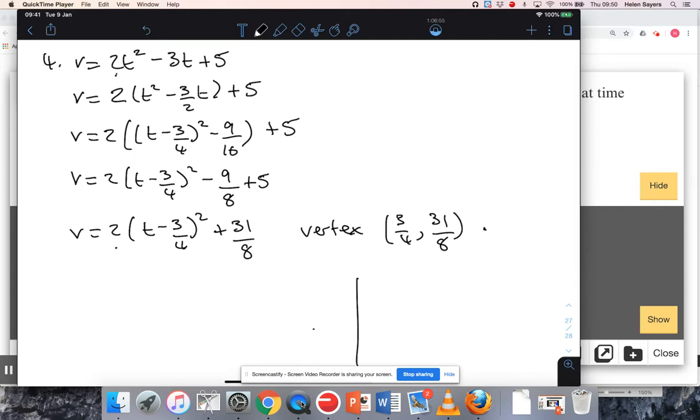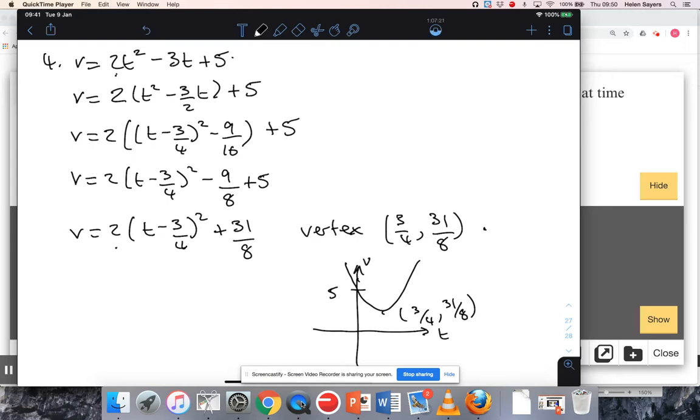I could then go to a sketch. I know that it's a positive quadratic, so I know what shape it is. I know the y-intercept is at 5. So I've got a y-intercept of 5 and a vertex of 3/4, 31/8, and that's velocity against time.